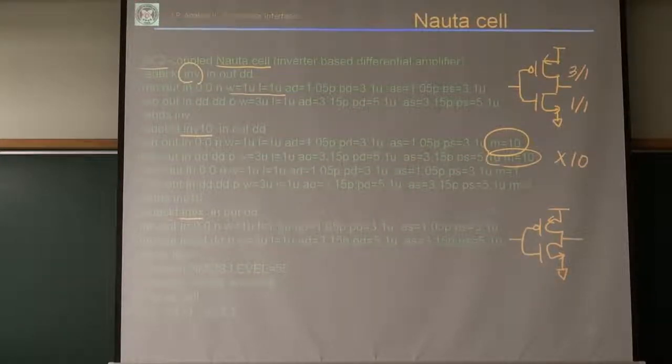This inverter X is 1 by 1.5, 3 by 1. This is pretty much mismatched, NMOS length is mismatched by 50%.